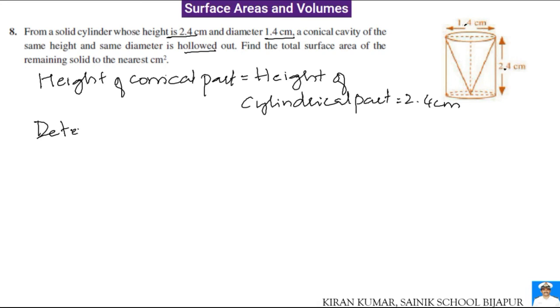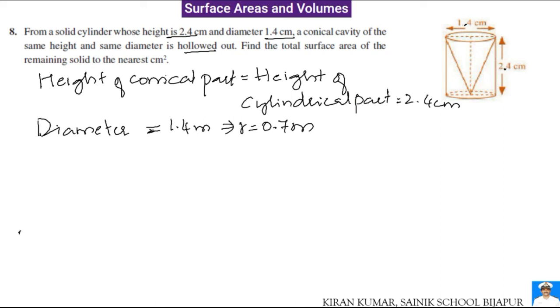Diameter is given as 1.4 meter. This implies that the radius is 0.7 meter.